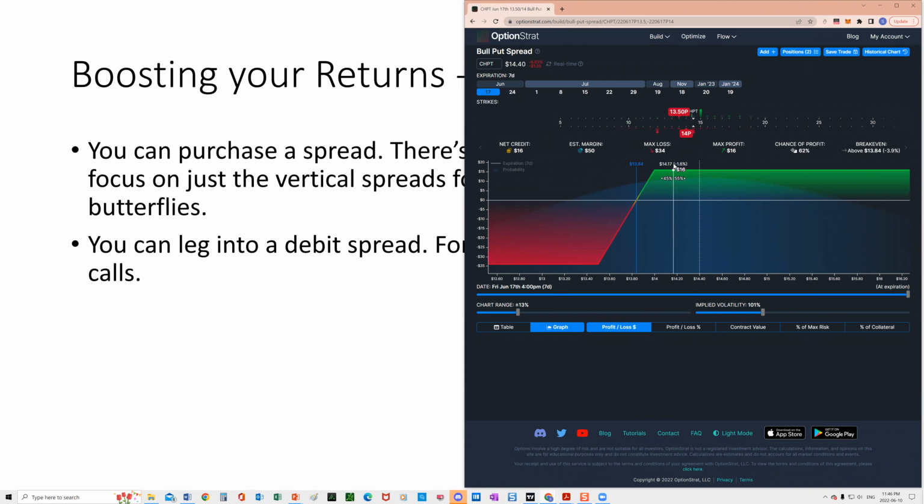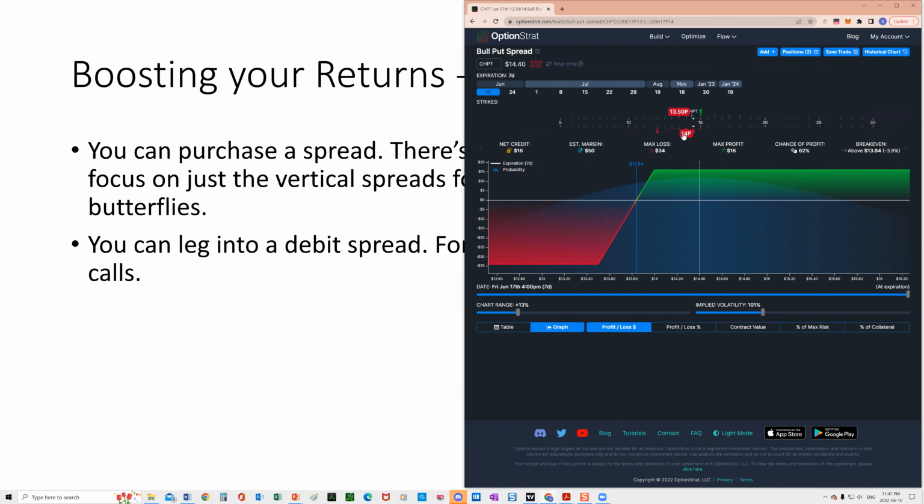Well, if you sell a put credit spread, so let's say I am bullish on ChargePoint. I think ChargePoint is going to go up. You could sell a put, right? That takes a lot of capital because if it's cash secured, you'll need $14 times 100 shares, which is $1,400.